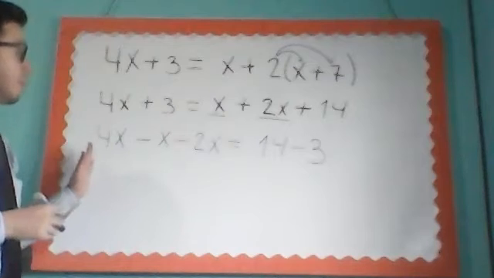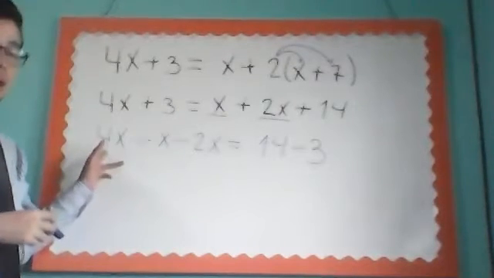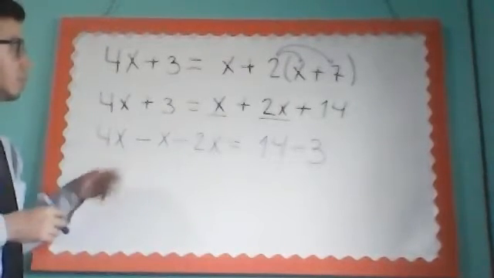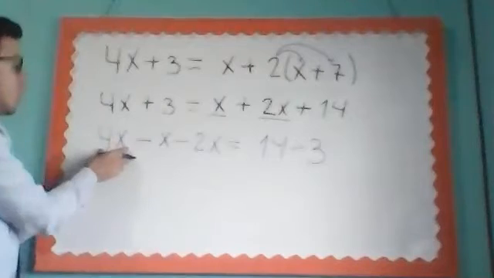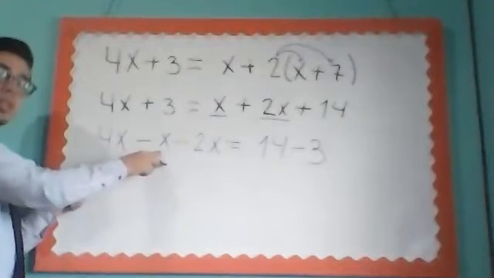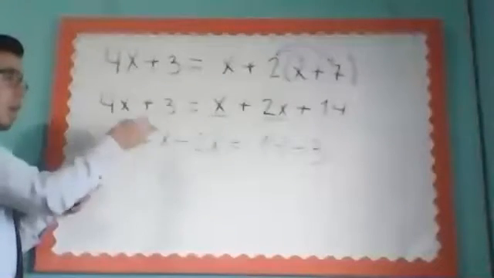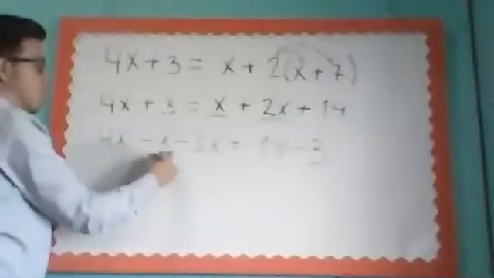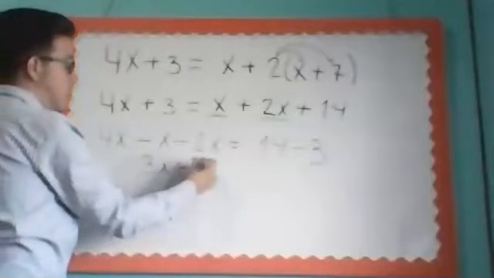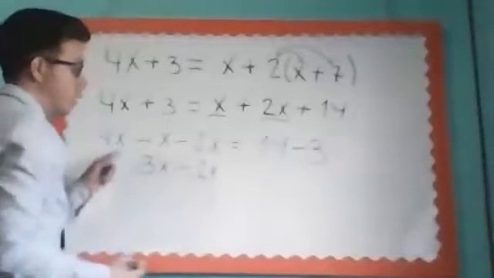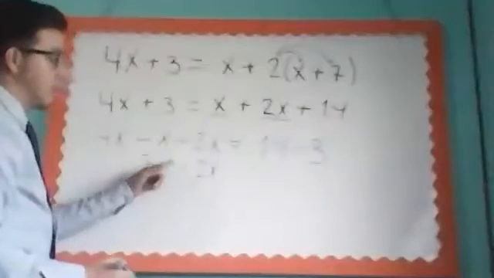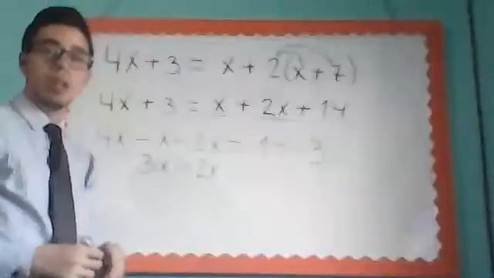Okay, I only need to subtract in this. 4x minus x is 3x, right? 3x minus 2x. And if I subtract 3x minus 2x, I obtain only 1x.